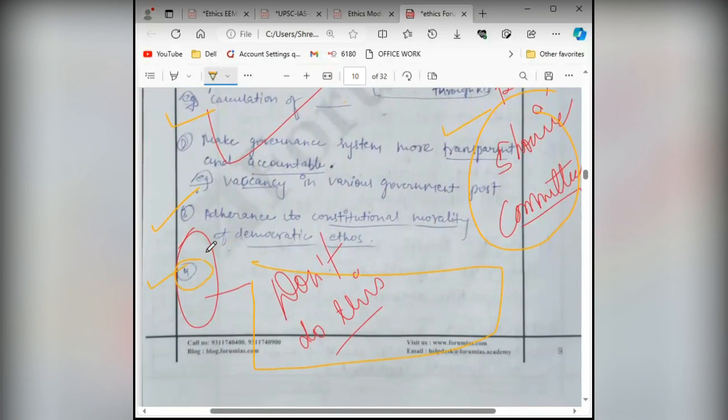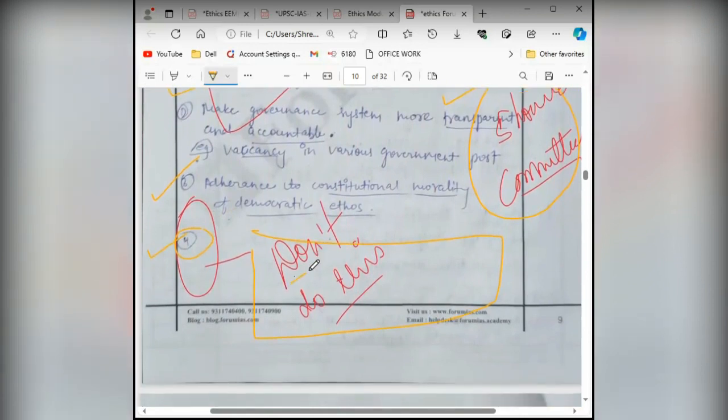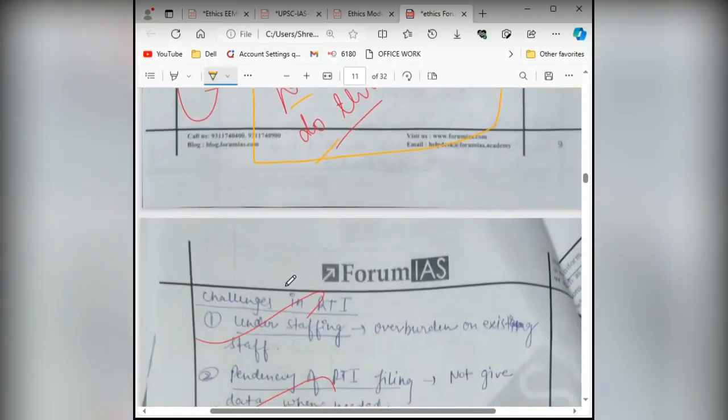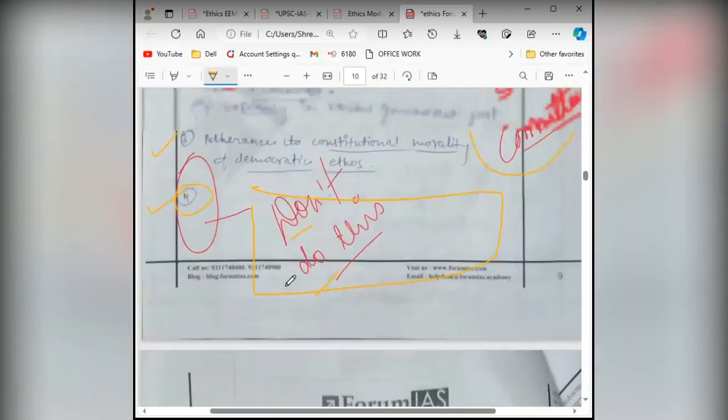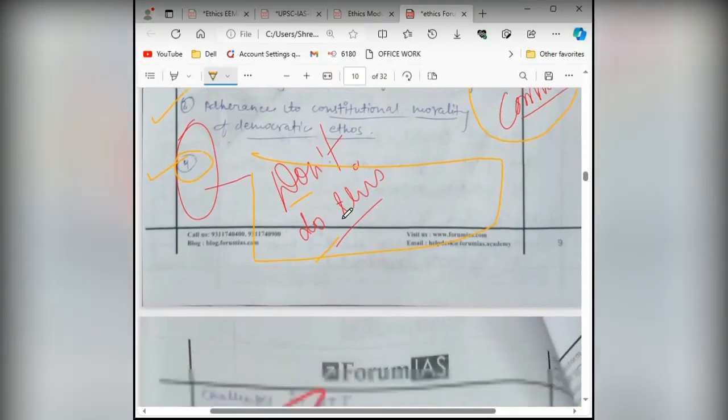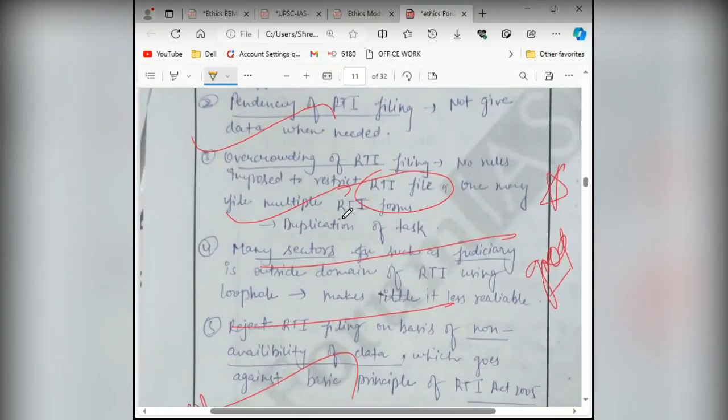Can you see she has written point number 4, but nothing over here? I asked her not to do this, because she used to do it in every possible answer. This gives the examiner a chance to deduct your marks. Don't do it.